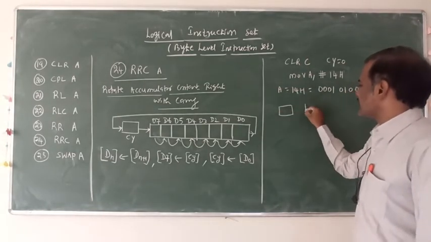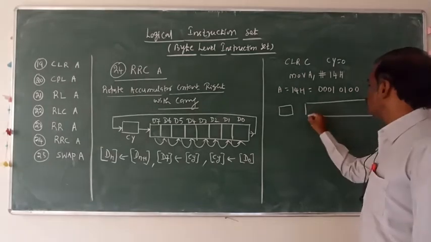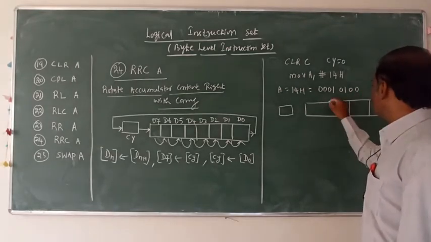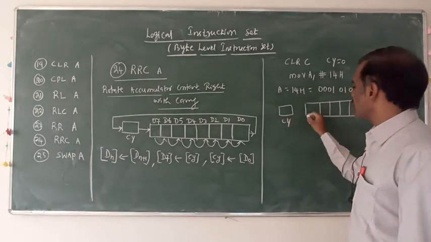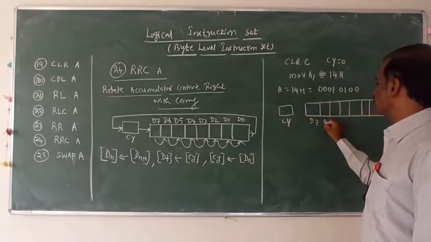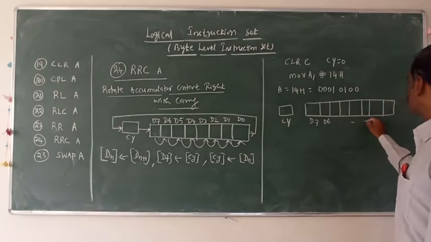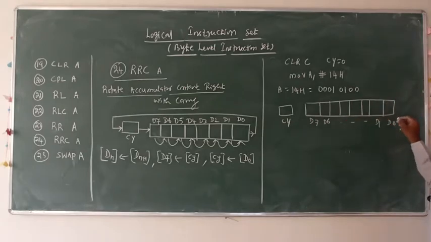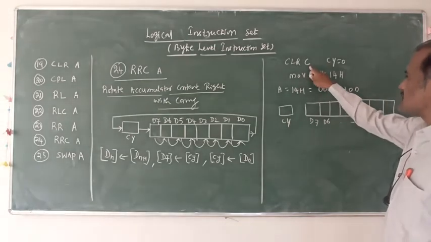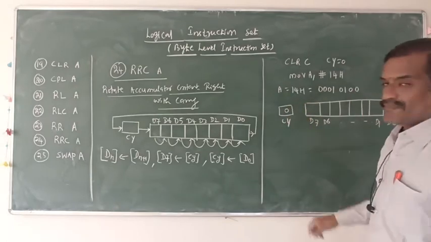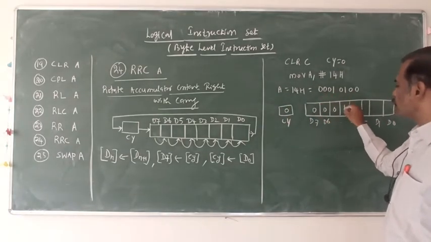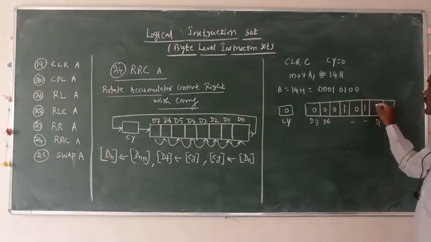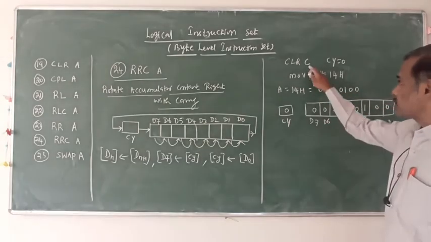Here this is the format. This is for carry, this is for D7, D6 to D1 and this is for D0. Now CLRC, the carry 0 and accumulator data, this is for 0, 0, 0, 1 and this is for 0, 1, 0, 0.